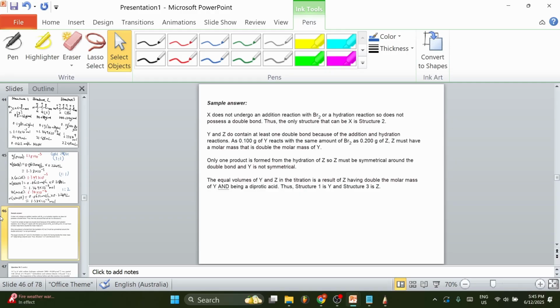As 0.100 gram of Y reacts with the same amount of bromine as 0.200 gram of Z, Z must have a molar mass that is double the molar mass of Y. Only one product is formed from the hydration of Z, so Z must be symmetrical around the double bond, and Y is not symmetrical. The equal volumes of Y and Z in the titration are a result of Z having double the molar mass of Y and being a diprotic acid. Thus, structure 1 is Y and structure 3 is Z.